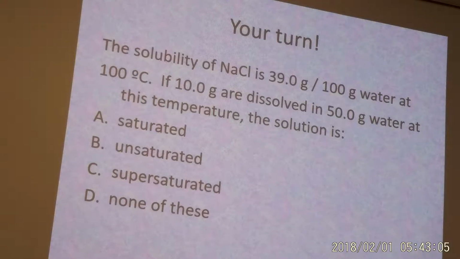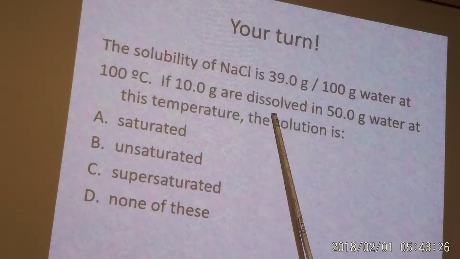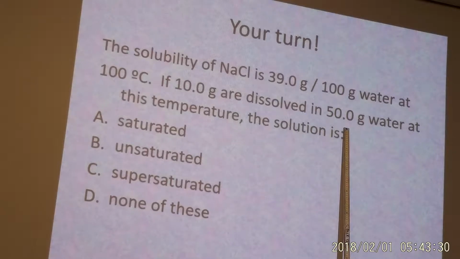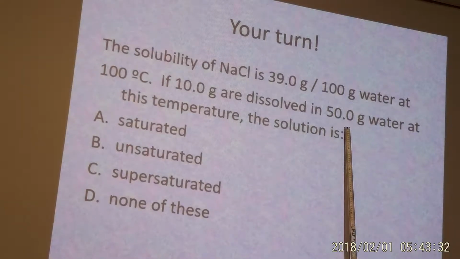So, what does that mean? Is the solution going to be saturated, unsaturated? Saturated? Supersaturated? How much should be able to dissolve in 50 grams of water? 39 in 100, about half of that, a little less than 20 in the 50.